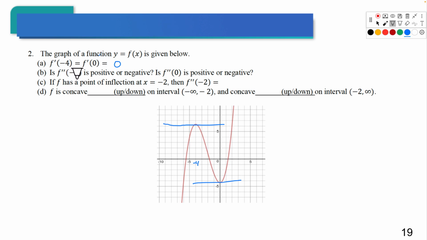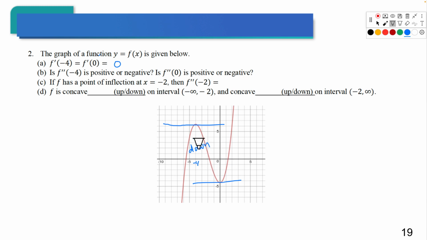Second question starts asking about the second derivative. So is the second derivative at -4 positive or negative? Well, for that we're looking at what kind of concavity we have here graphically. It's concave down, right? From the graph it's easier to identify that. A concave down is a frown, so what kind of a sign does it have?